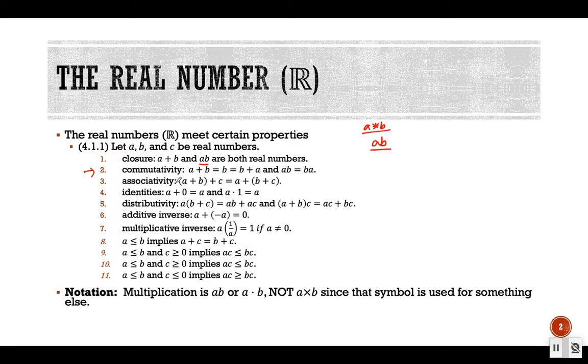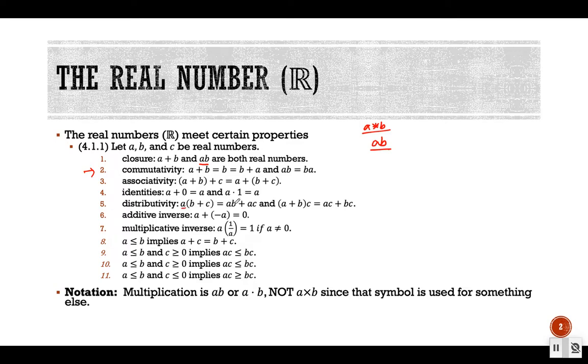So associativity says that a plus b plus c, it's same as a plus b plus c. Okay, and identities with summation is a plus 0 will be same as a times 1, means a multiplication 1 will be same as a. All right, and it follows distribution. Like if it likes that, then we can actually distribute the multiplication both b and c.